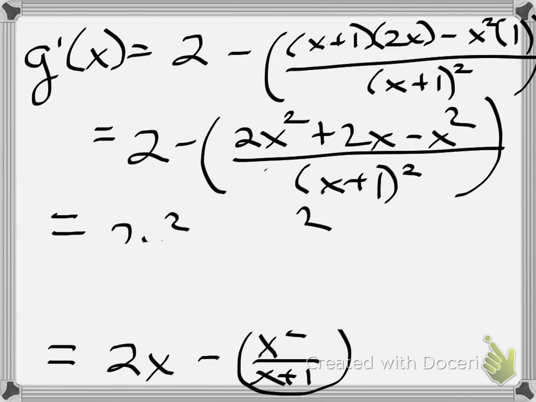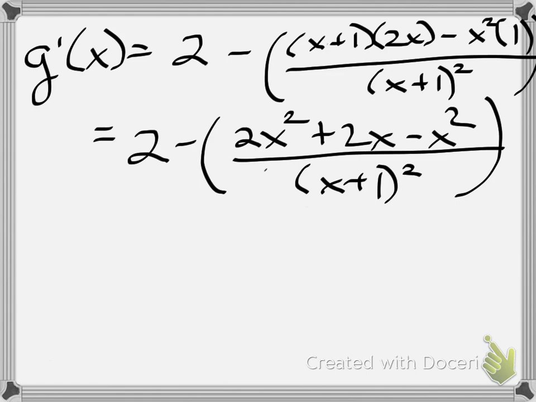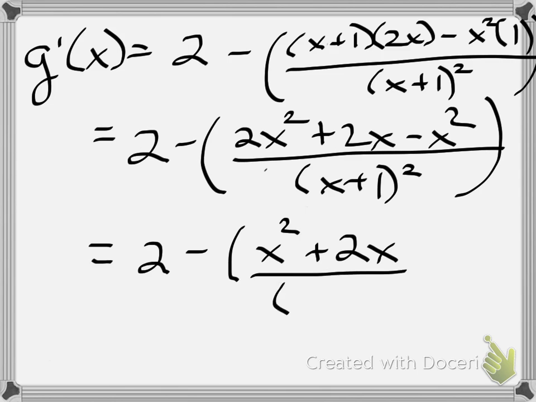Let's erase this. So that's going to be 2 minus x squared plus 2x, because you got a little like term there you could put together, squared. I don't really need those parentheses because it's all grouped now with the division bar.